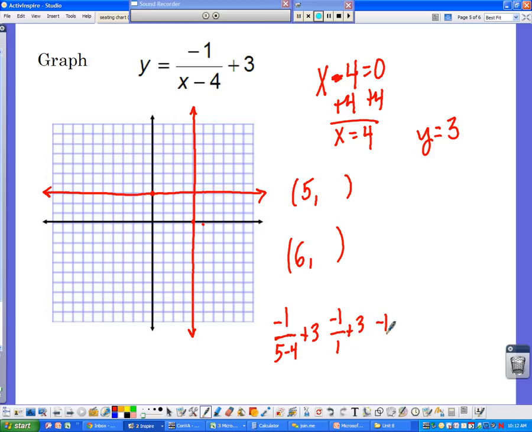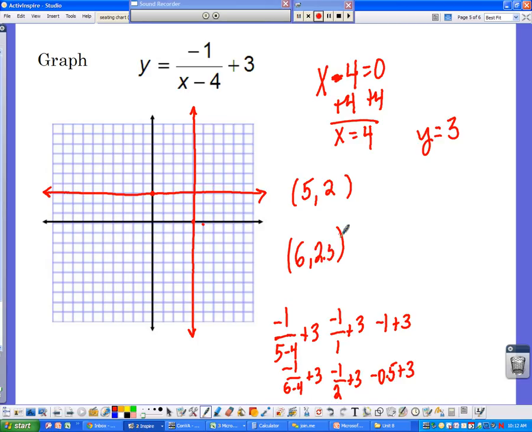So I get negative 1 plus 3, which gives me 2. And the next one I get negative 1 over 6 minus 4 plus 3, so negative 1 over 2 plus 3. That's negative 1/2, so I get negative 0.5 plus 3, which gives me 2.5.